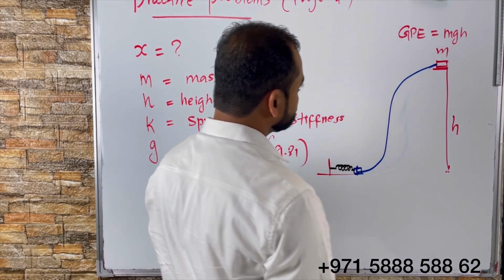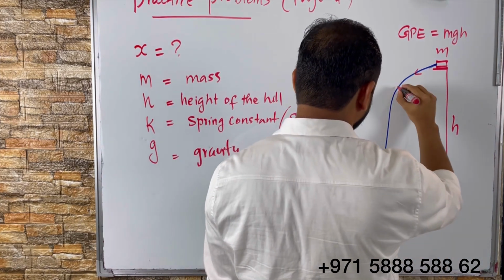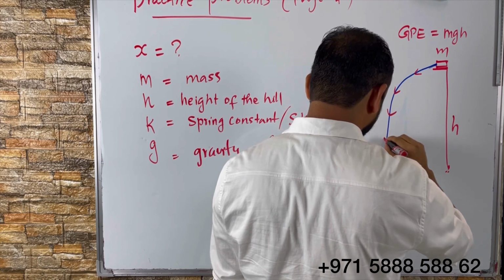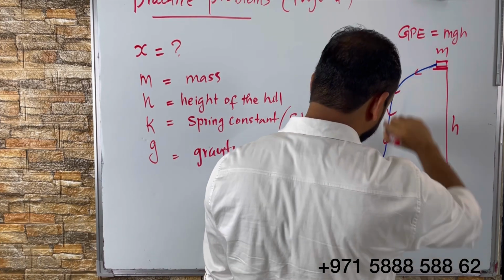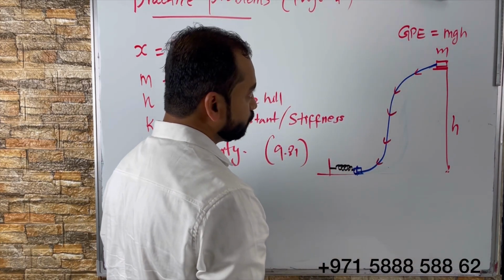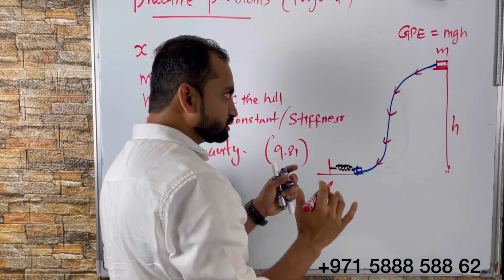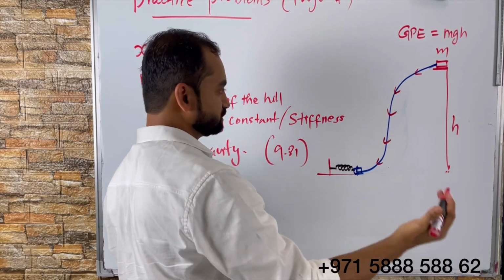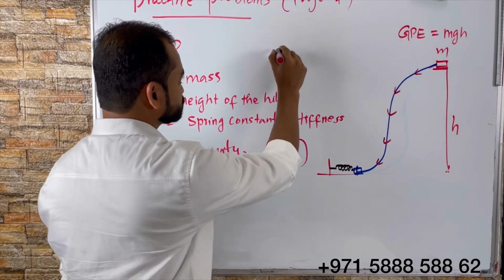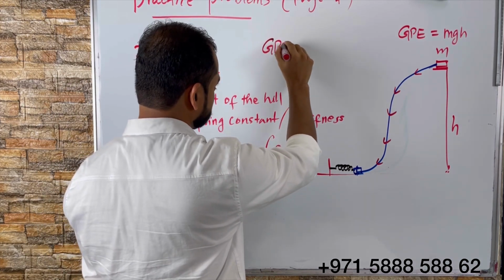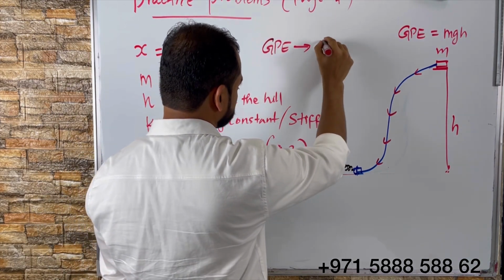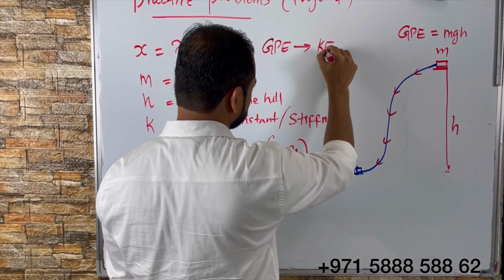When the car is rolling down, all its gravitational potential energy decreases and becomes kinetic energy.